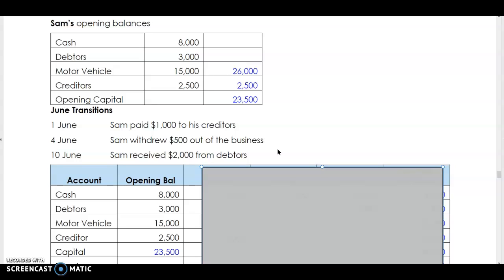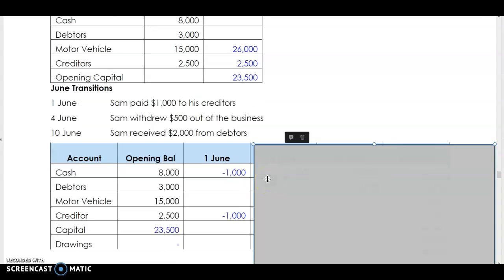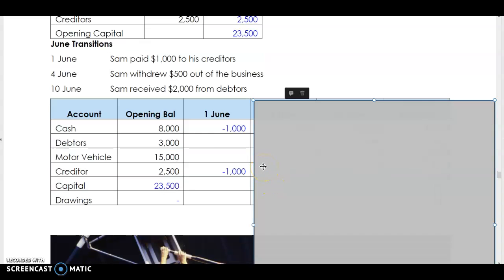So, for example, on the 1st of June, when Sam paid $1,000 to his creditors, his bank balance will decrease by $1,000. So I'm writing minus $1,000 in here on the 1st of June.